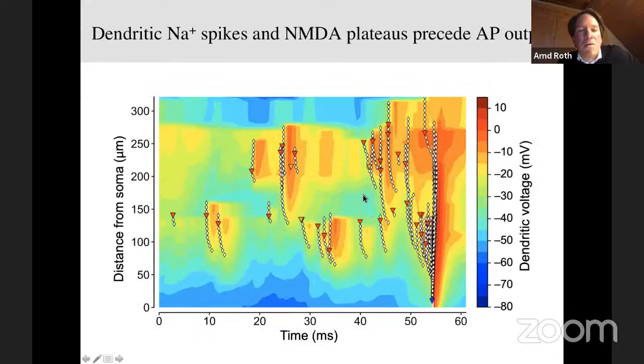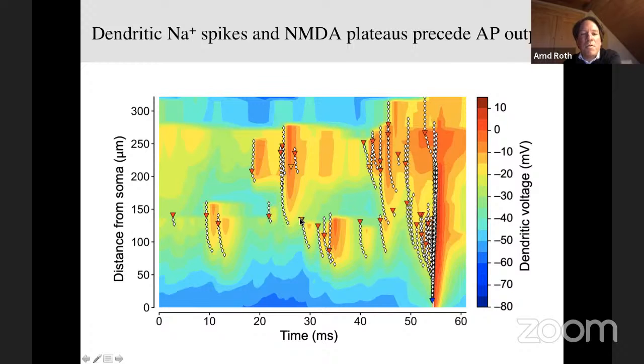If we zoom out and look at the bigger picture, we see that multiple such events are triggered in the run-up to an action potential that is triggered at the axon and then backpropagates to the soma and dendrites shown here. And some of these happen in the middle of a branch, and then they propagate towards the end of the branch and towards the branch point where impedance mismatch means it fails.